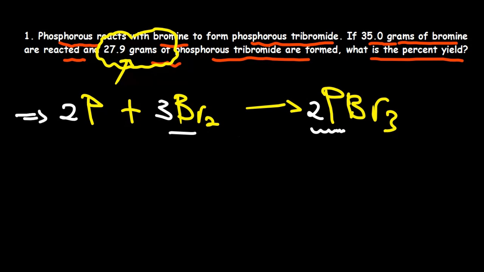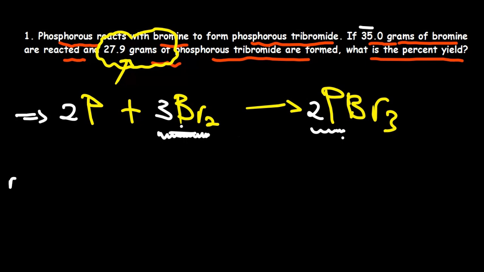After we balance this equation, we find the moles of bromine using the mass that we were given. Once we find the moles of bromine, we use the molar ratio of bromine to phosphorus tribromide to find how many moles of phosphorus tribromide we have.